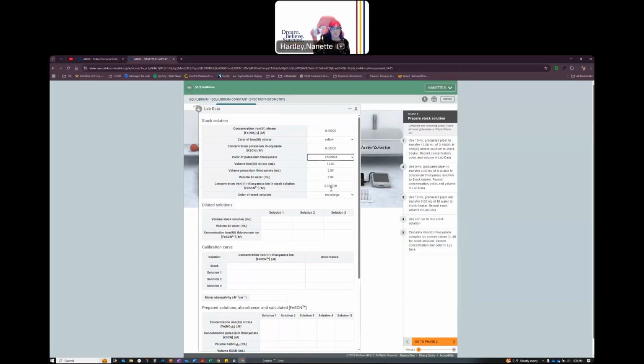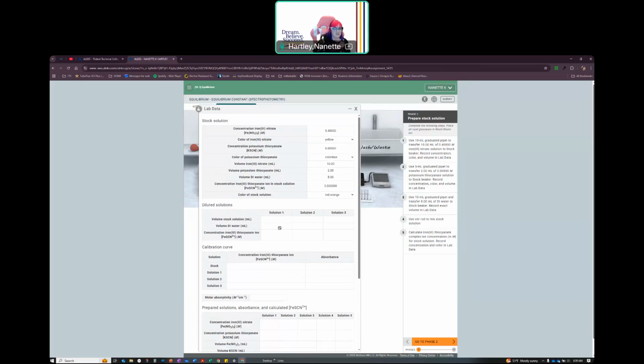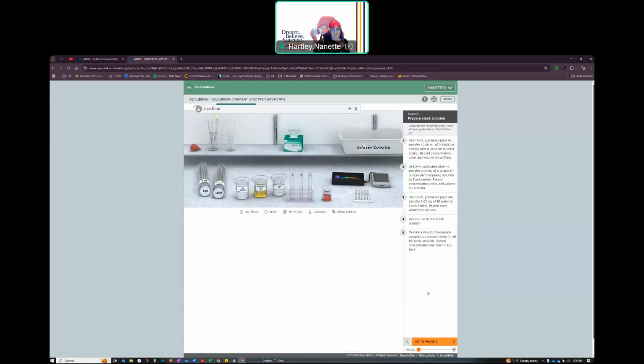If we had come in here and put this as 0.003 and come over here, it doesn't like the number of sig figs. So if you come over here and it doesn't freak out about anything, then it's fine with your sig figs and fine with every description that you've done. There you go. We've gone through this phase, so we can go, yay, I'm done with this.